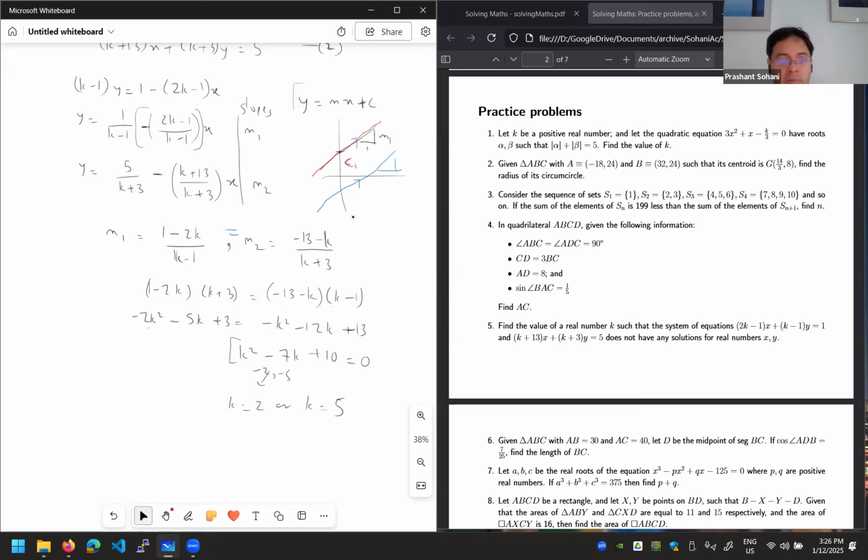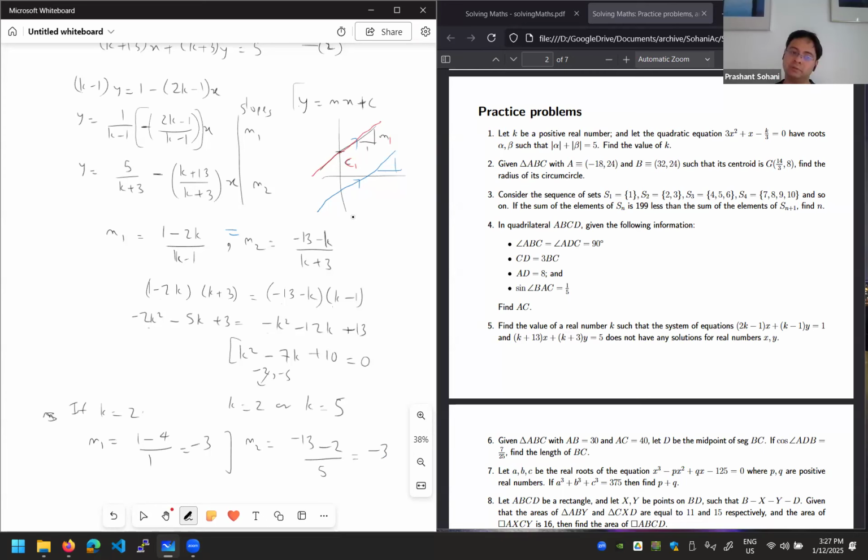Okay, then what should we do? If we substitute k equal to 2 in the slope formulas, we can see that the slopes are not equal. Is it really? If I substitute k equal to 2, what slope? If k is equal to 2, then the slope m1 is how much? 1 minus 4 upon 2, which is minus 3, and m2 is minus 13 minus 2 upon 5, which is also minus 3.